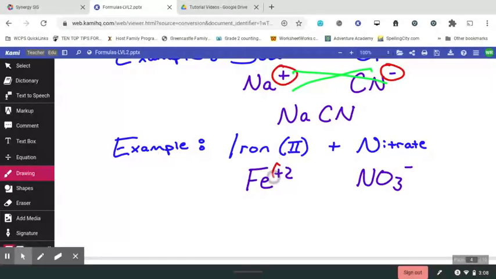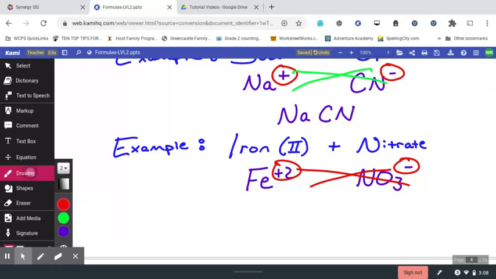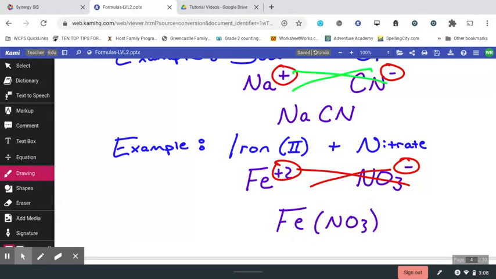When you do the crossover method, if your polyatomic gets a number greater than 1, you've got to make sure you put parentheses around it, like so. So be careful with that. You want to put the polyatomic in parentheses, then the subscript. And we'll practice this as we go on.